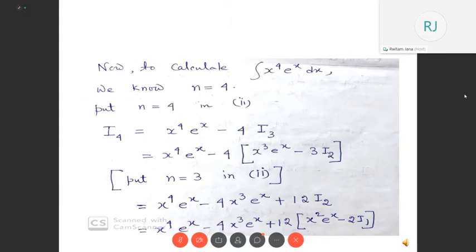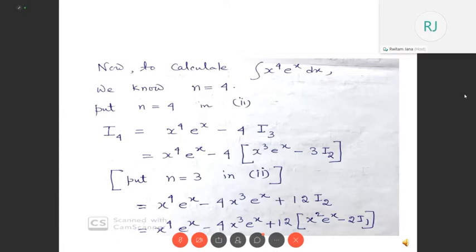Now you have to calculate the integral of x to the power 4 e to the power x dx, and it is very clear that your n value is 4. So put n equals to 4 in equation number 2, then you will get the I4 value as x to the power 4 e to the power x minus 4 times the bracket x cube e to the power x minus 3 I2.